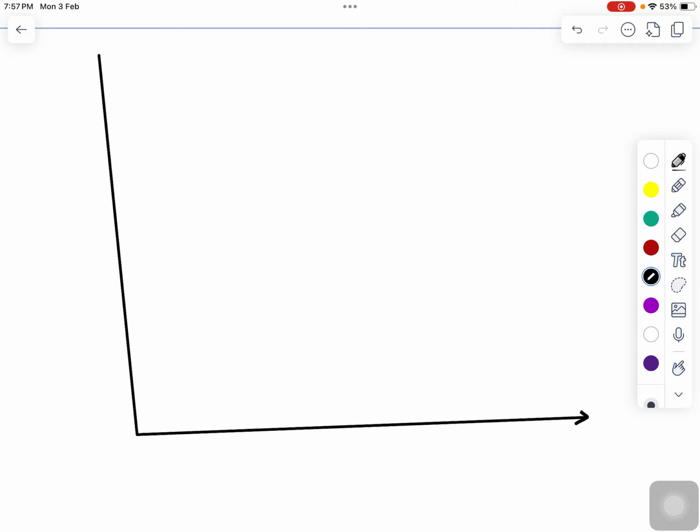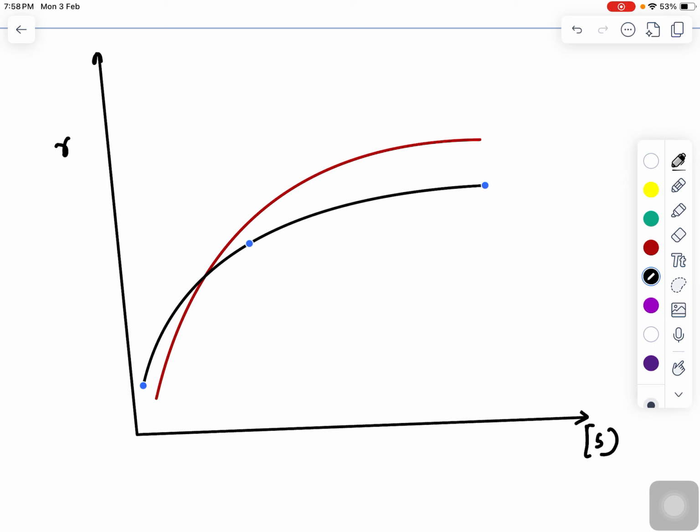If this is V, that is rate, if this is R versus concentration of S, and if you want to plot this curve, you can have a curve like that, and again a curve like that, and again a curve like that, right?